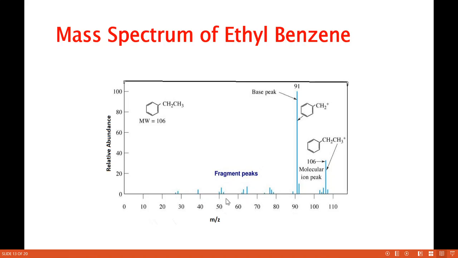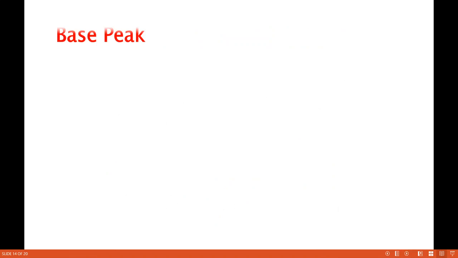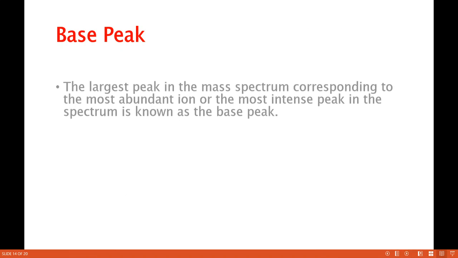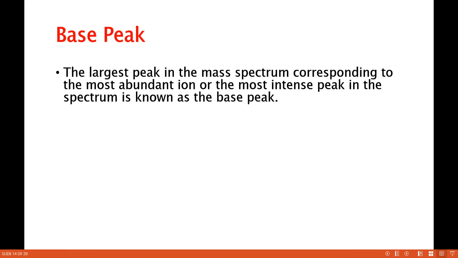And these smaller ions are called fragment ion peaks. This largest 100% peak is called the base peak, which we will see in the next slide. The base peak is the largest peak in the mass spectrum, corresponding to the most abundant ion or the most intense peak in the spectrum.